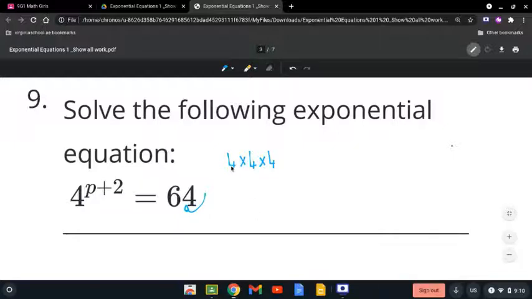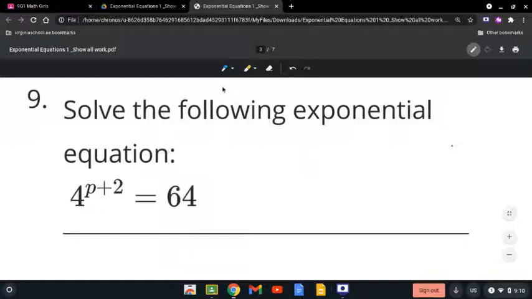So you can now cancel it. Wait, first you want to count how many times you multiplied 4 by itself. So 4 times 4 times 4, 1, 2, 3. We multiplied 4 by itself 3 times, sorry.